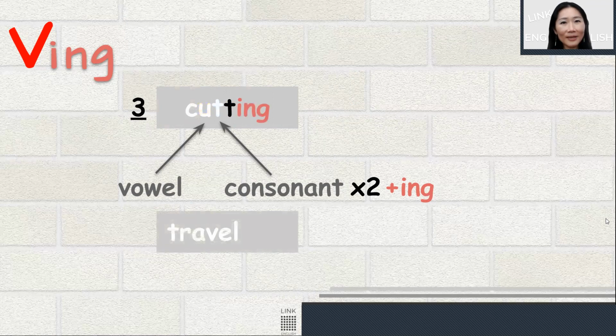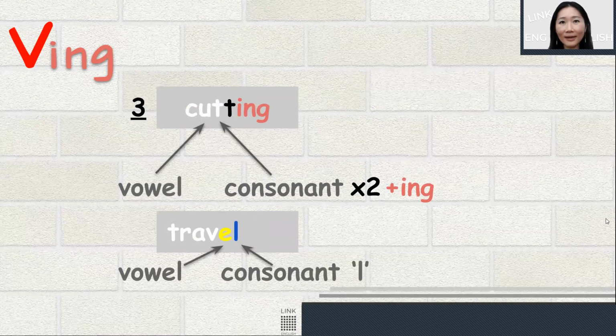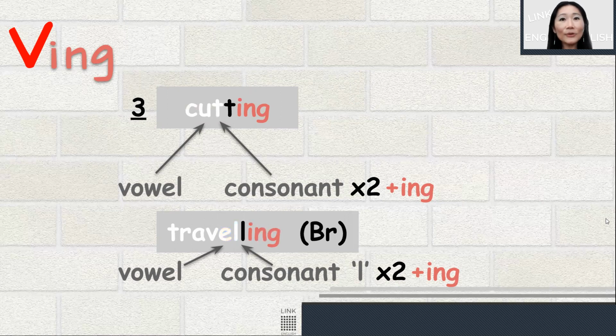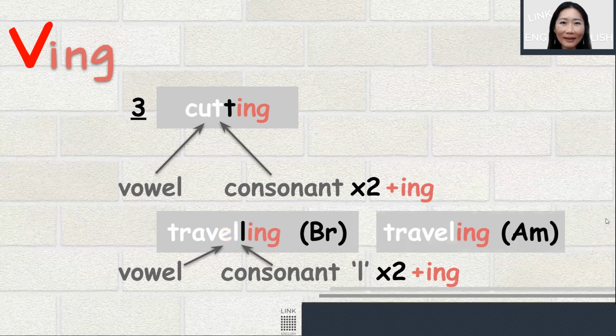Look at another word, travel. You can also see a vowel letter E and a consonant letter L. So you should know what to do. Double L and add ing. Travel becomes travelling. But this is British English rule. If you use American English, you don't need to double L.